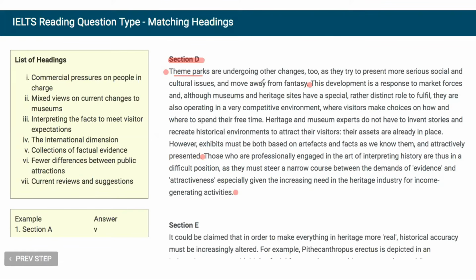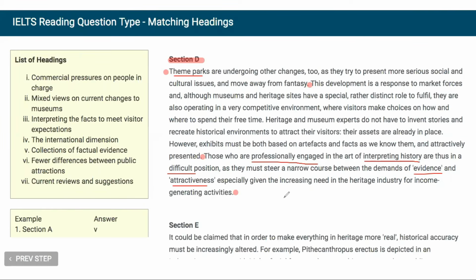Okay, and then the last sentence, those who are professionally engaged in the art of interpreting history are thus in a difficult position, as they must steer a narrow course between the demands of evidence and attractiveness, especially given the increasing need in the heritage industry for income-generating activities.